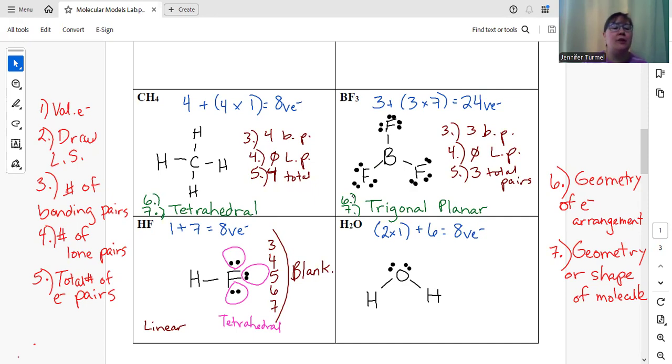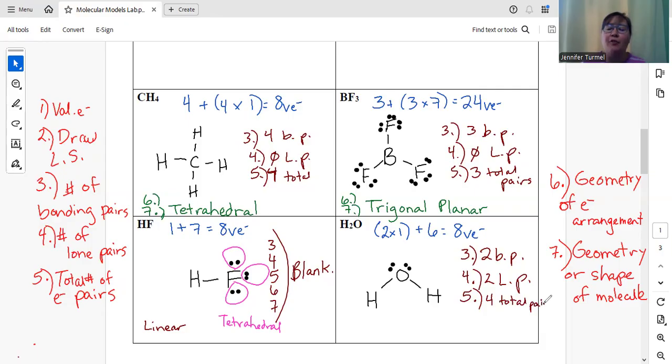And then, in this case, oxygen is our center atom. So this gets a little different. This one has 2 bonding pairs. And it has 2 lone pairs. So that means that it has 4 total pairs.